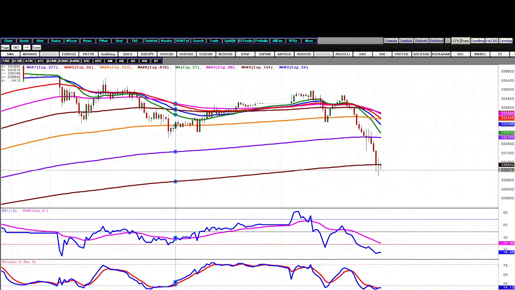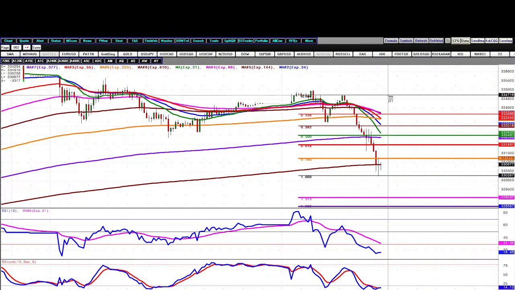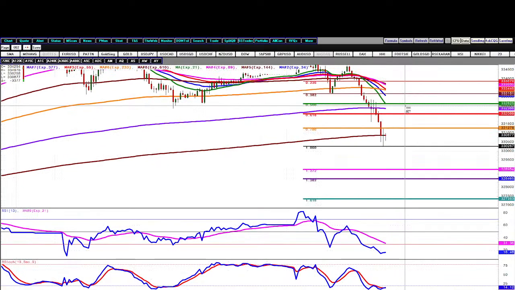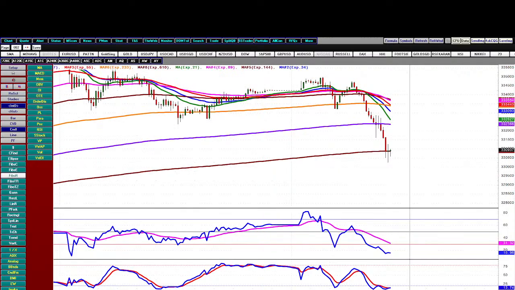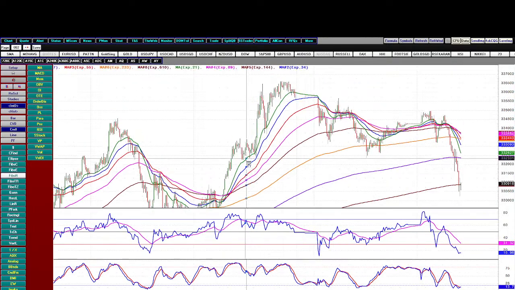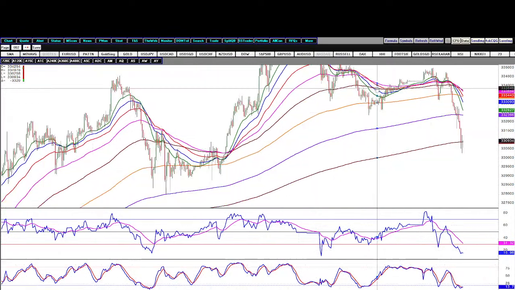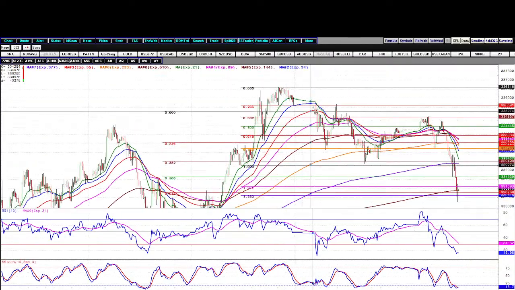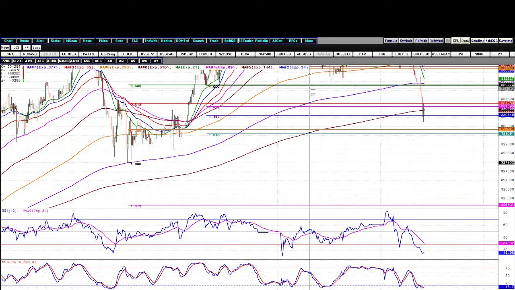3316, or go for a buy 3288. Okay, 3296 and 3288.